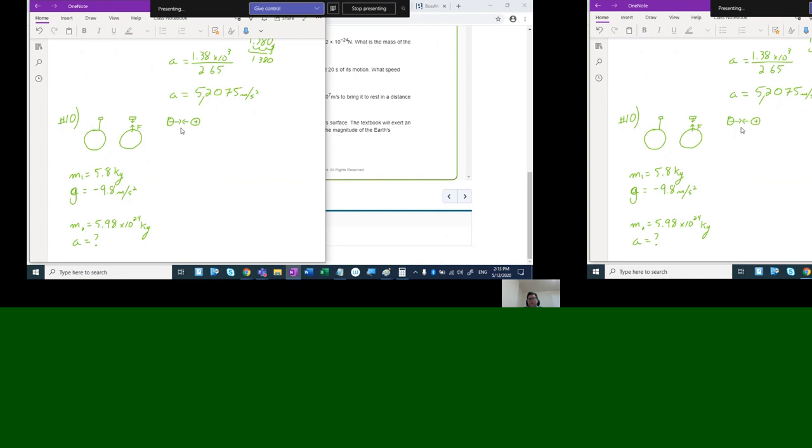We can ask by how much is the force, but we can also distinguish that it's this force and this force. Or we can say that F1 is equal to F2. And if we want to be really precise about it, we'll say F1 is equal to minus F2, because this one is going at a positive and this one is going at a negative.